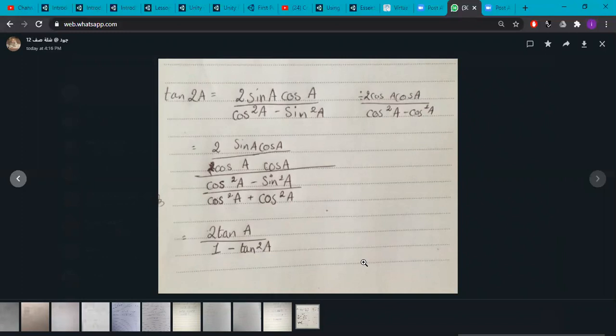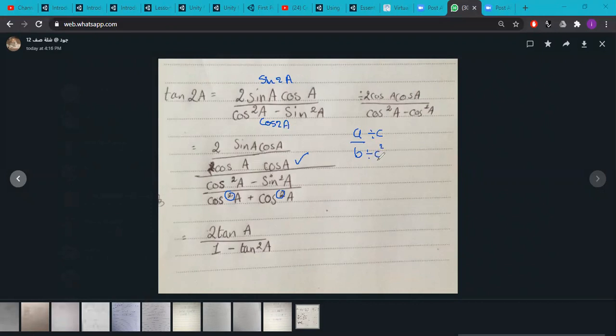Jude chose to use sin 2A over cosine 2A. Then she did divided by 2 cosine A. No, it's divided by cosine A. You divide the top by cosine A, but the bottom you divided by cosine square. You have to divide over C, you cannot divide over C square.